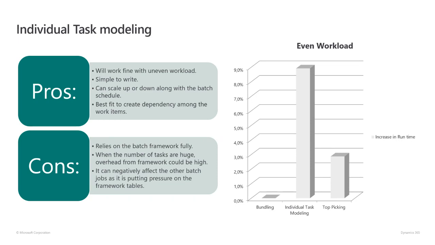It can scale up and down along with the batch schedule and is the best fit to create dependencies among the work items. The graph on the right shows you that individual task modeling is adding quite some increase in runtime for even workload with a large number of entities that are processed and hitting the batch framework.